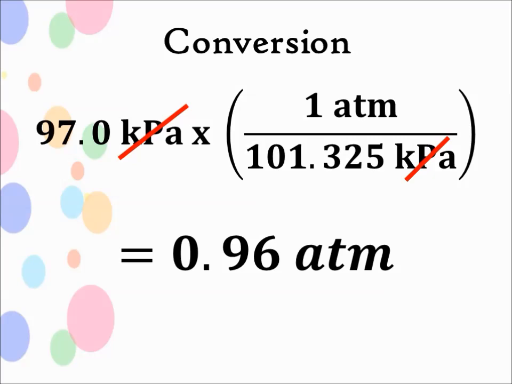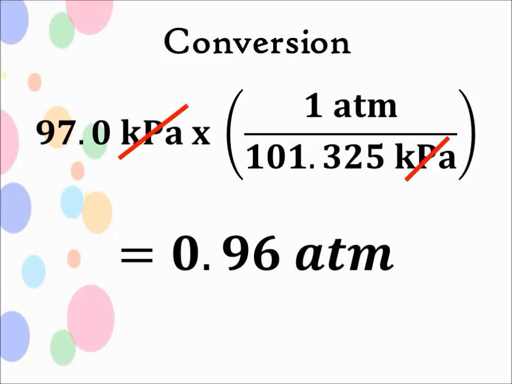So we know that 1 atmosphere is equivalent to 101.325 Pascal. But we can also say that 1 atmosphere is equivalent to 101.325 kilopascal. So we just move the decimal point 3 times to the left.